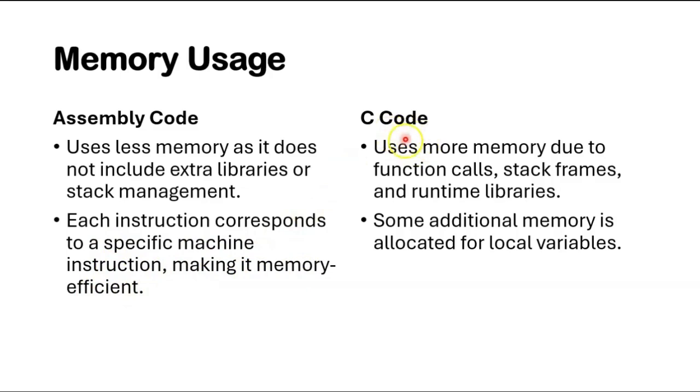Whereas the C code uses more memory due to function calls, stack frames, and runtime libraries. Some additional memory is allocated for local variables. Let's take a look at a couple of examples.